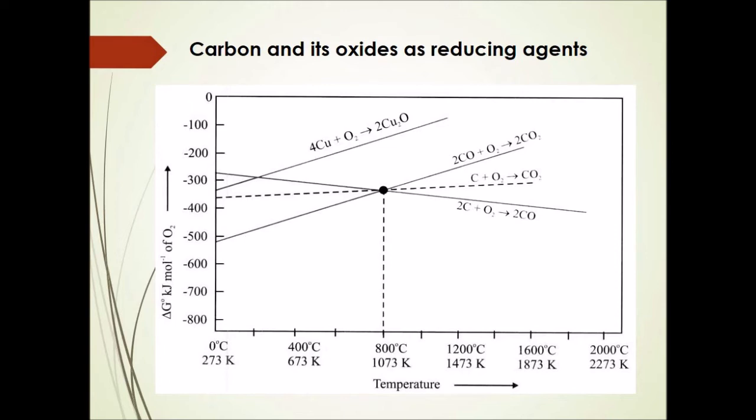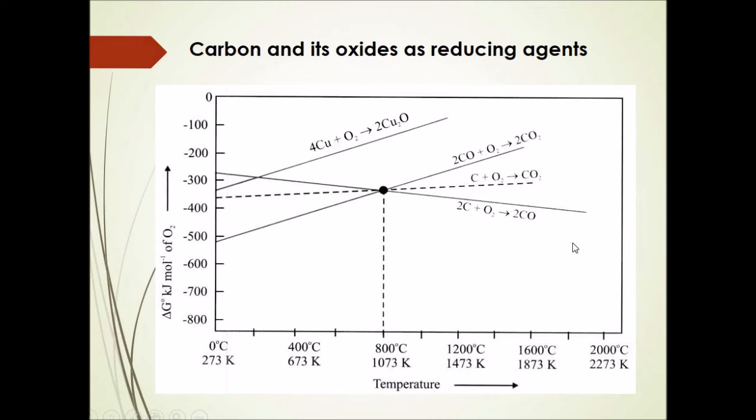So this clearly indicates that since the carbon or carbon monoxide curves lie below the cuprous oxide formation curve, coke acts as a better reducing agent for cuprous oxide, and by reduction of this we can obtain metallic copper.